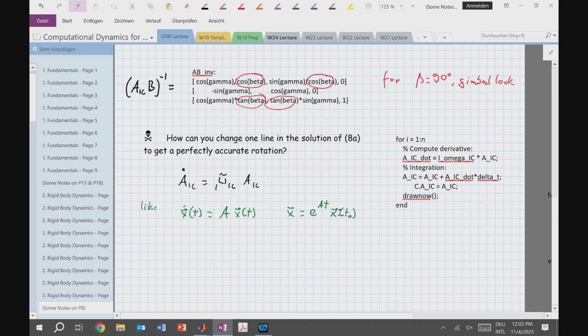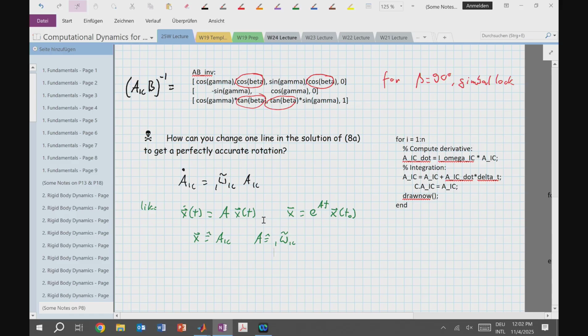with my initial conditions. And the analogy here, of course, is that x corresponds to our matrix A IC, and the matrix A of our linear system corresponds to this omega IC tilde.